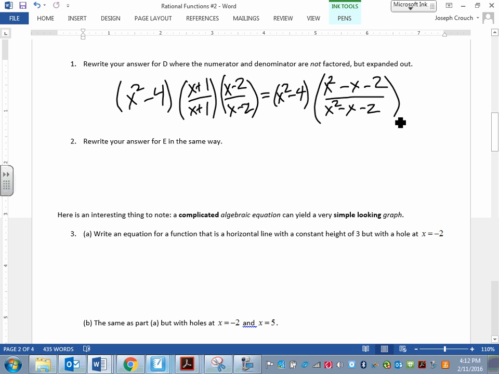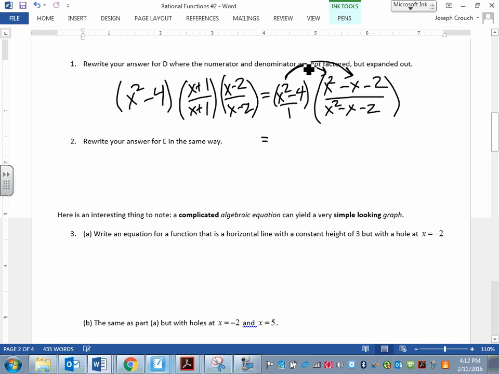And then I'm going to multiply by this x squared minus 4. So if I remember from way back in the beginning of the year, we talked about if I'm going to multiply one thing that's a fraction by something else, it'd be a good idea to write both of them as a fraction. And now for the top one, I have to distribute completely. I have to distribute the x squared from the first one to everything.